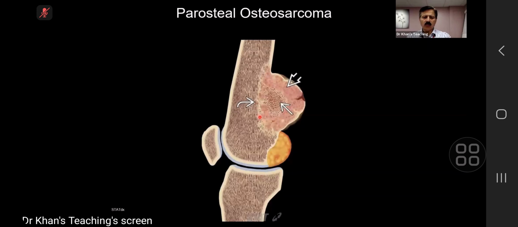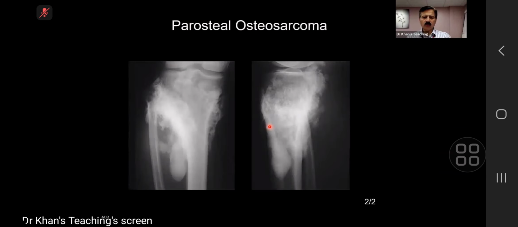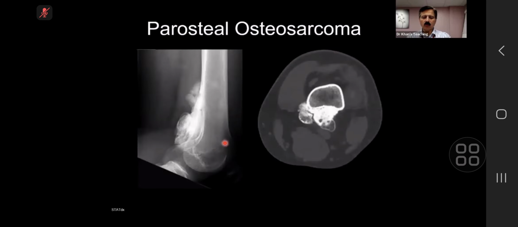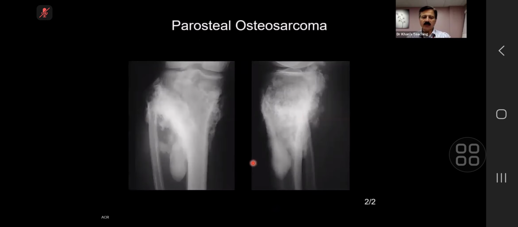It goes into the cortex also, but then it sort of continues growing around the bone. Look at this CT scan. And this tells you, and this is osseous matrix. This is classical osseous matrix, not cartilaginous matrix. And in the case which I showed you, what is happening is that there is so much ossification that it has gone all the way around. And if you come back here, you can see that it has gone all the way around. It's quite a unique type of appearance.